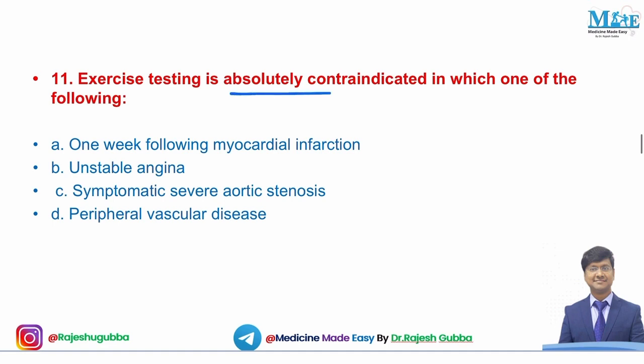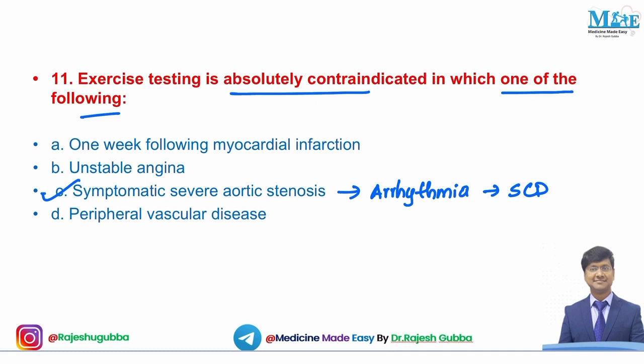The exercise testing is absolutely contraindicated in which one of the following? 1 week following myocardial infarction, unstable angina, symptomatic severe aortic stenosis, then peripheral vascular disease. Okay, so exercise testing is absolutely contraindicated in case of the symptomatic severe aortic stenosis, where the individual can develop an arrhythmia and causing a sudden cardiac death if a symptomatic patient is made to undergo the exercise testing.